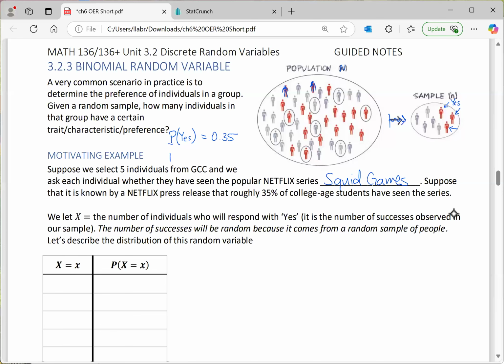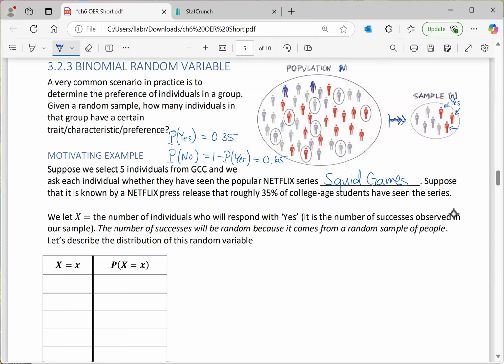You also get the complement. So the probability of no is 1 minus the probability of a yes, which is 0.65. All right, so just from that statement, we've got these two probabilities. What I'm going to do is say I'm only going to pick 5 individuals.